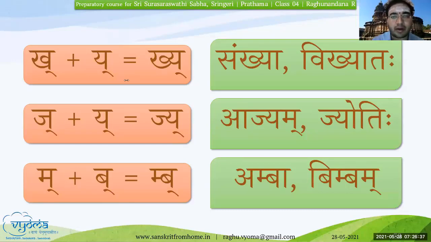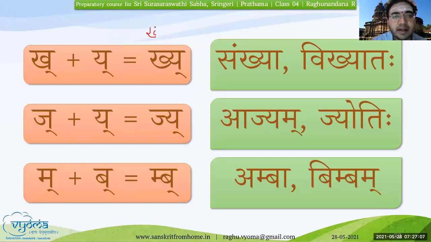So these are a few more examples of the Sanyukta. Here again, we can notice that the first letter is written in half. What is the full letter here? Khakara will be the full letter, but it is written only halfway. The only thing is the line is missing.